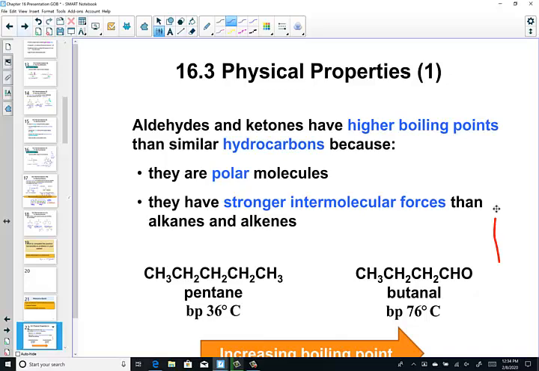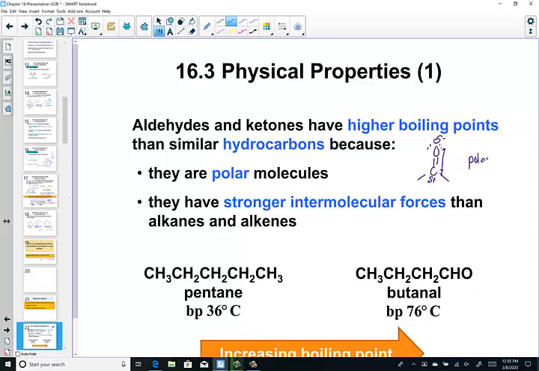These physical properties of aldehydes and ketones rely on the fact that they have very strong polarity. Remember how we drew earlier that the carbonyl carbon, based on its electronegativity difference, has a very polar bond, giving a region that's rich in electrons on top of the oxygen and a very electron deficient region on this carbon.